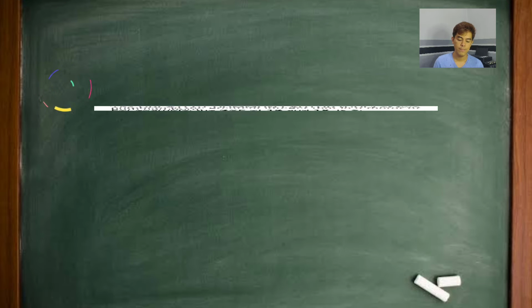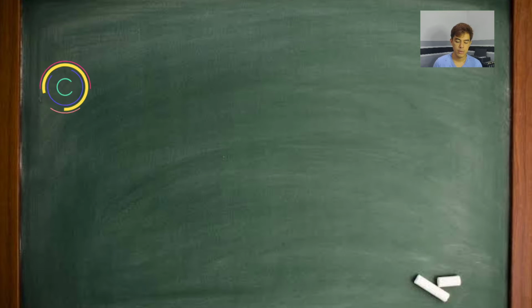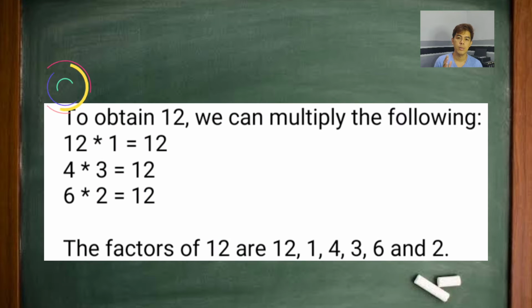Let us also recall yung tinatawag nating GCF, or the greatest common factor. It is the greatest integer that is a factor of both numbers. For example, the GCF of 12 and 18 is 6. To obtain 12, we can multiply 12 and 1, 4 and 3, and 6 and 2. So the factors of 12 are 12, 1, 4, 3, 6, and 2.